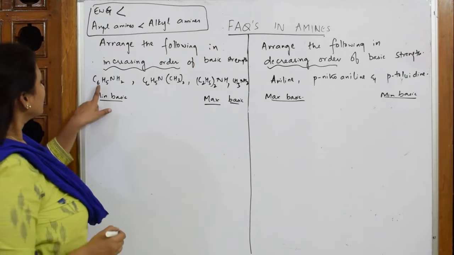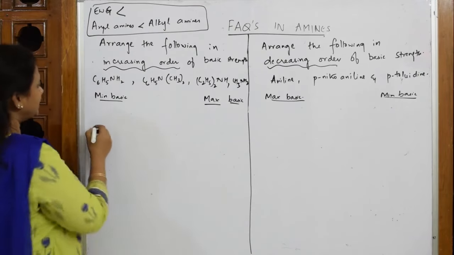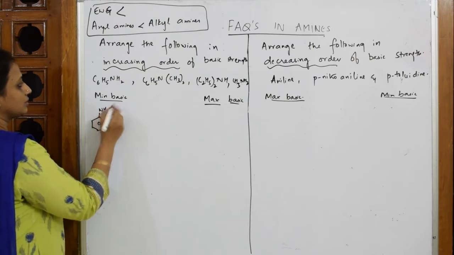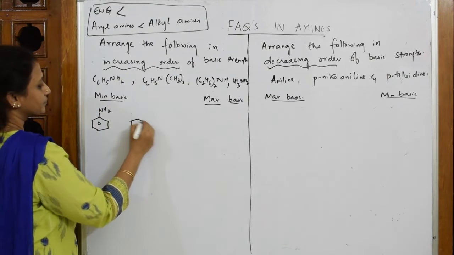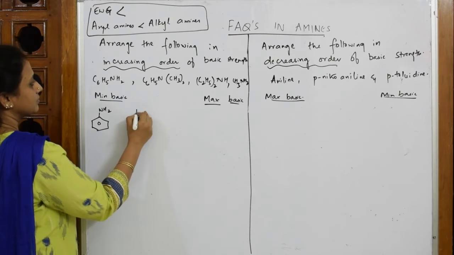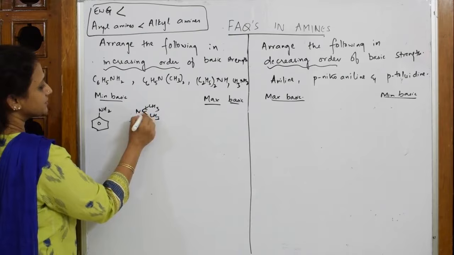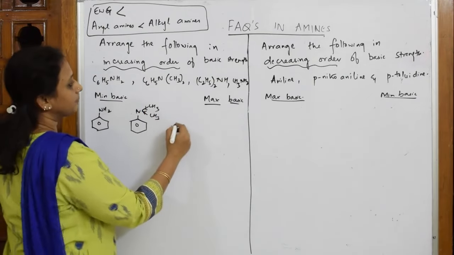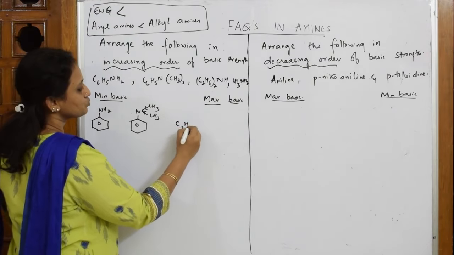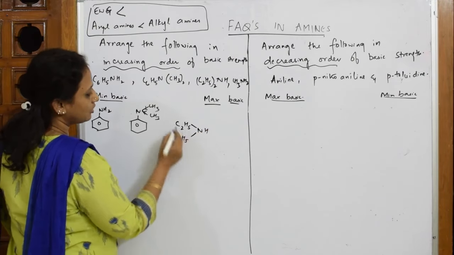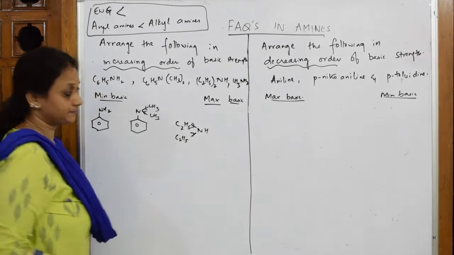Let's start. Here this is your aromatic ring. This one. You have 2 alkyl groups donating in this compound. You have more alkyl groups donating in this one.